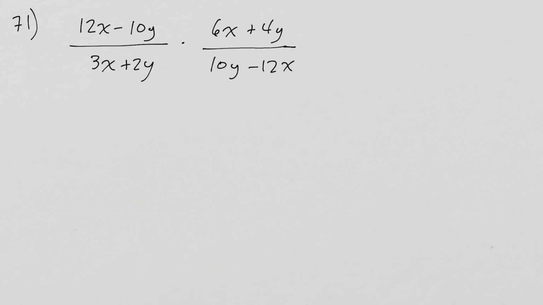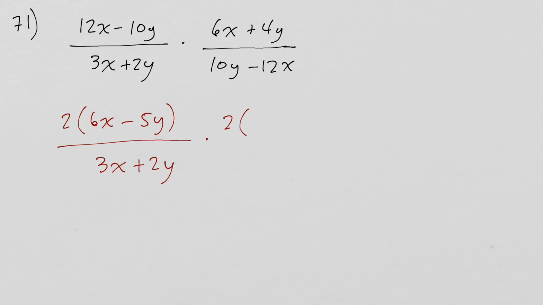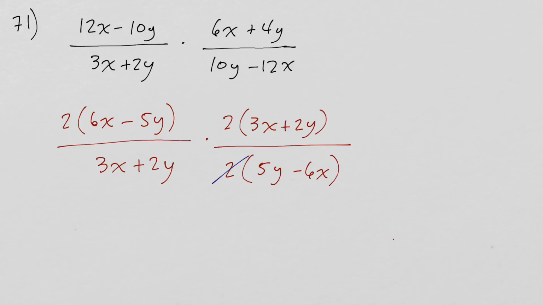Okay, so let's factor the top left. I'll take out a 2. And we've got 6x minus 5y. I'll leave the bottom. That cannot be factored. I'll take a 2 out of the top right, and I'll have 3x plus 2y. And I'll take a 2 out of the bottom, and I'll have 5y minus 6x. Okay, so now I can cancel one of these 2's right off the bat.